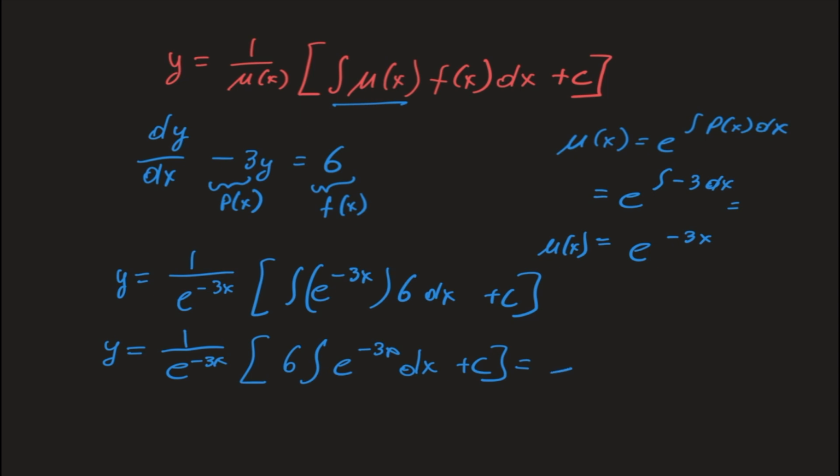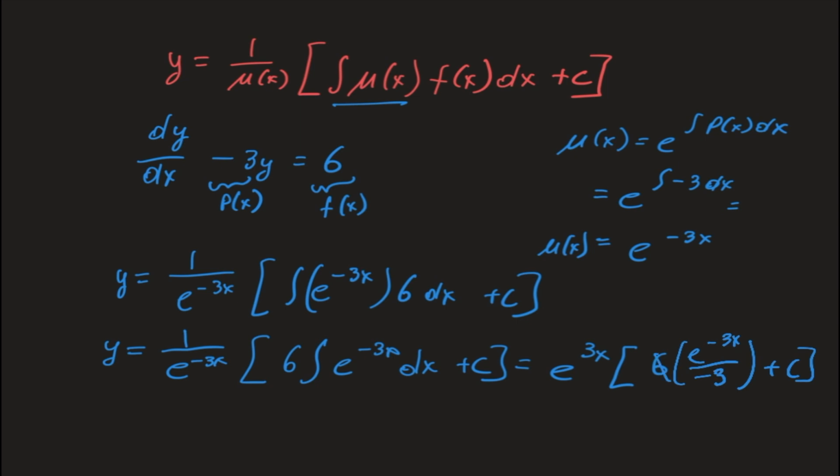So we have e to the positive 3x, which again is just bringing that negative power up to the top, times 6, an integral of e to the negative 3x is simply e to the negative 3x divided by negative 3, and then plus c.